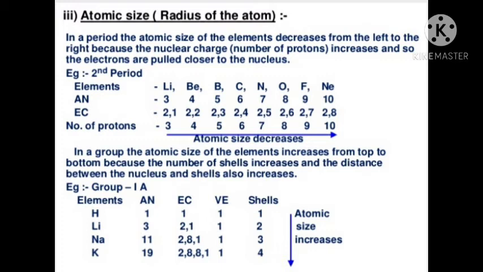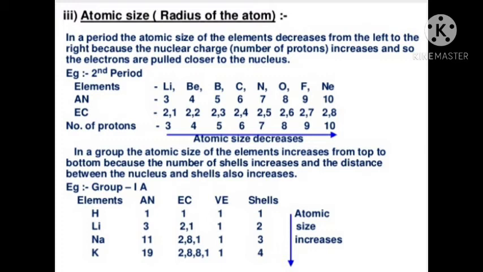Lithium 3, electronic configuration 2, 1, valence electron 1, shells 2. Sodium, atomic number 11, electronic configuration 2, 8, 1, valence electrons 1, shells 3.